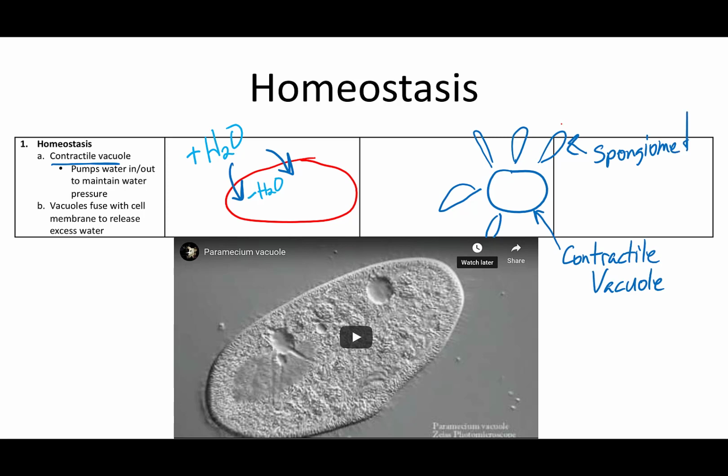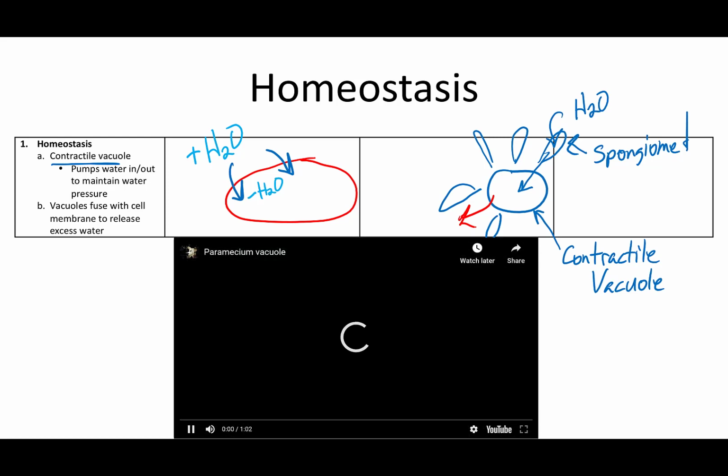And so these guys kind of take on the water, push it into here, and then the contractile vacuole will take that excess water and squirt it out through a pore in the membrane. So it's like if I'm going to keep taking on water, just like a boat, funnel it to the bottom of the boat where the bilge is, and the bilge is a water pump that's just constantly pumping it out. And that's kind of what these do. So it can happen very quickly.